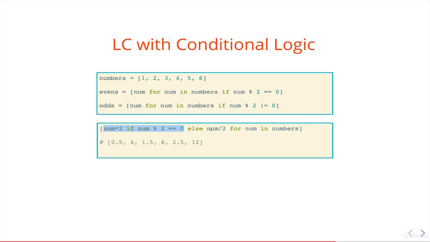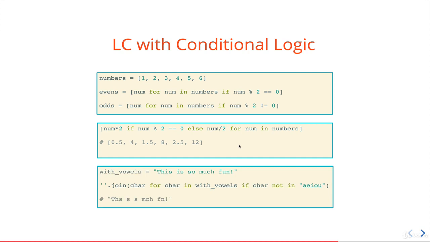And otherwise, the only other situation is that they're odd, it will divide them by 2. So for every num in numbers from 1 to 6, if it's even, if num mod 2 is 0, multiply it by 2. So that's how we get 4 and 8 and 12. Otherwise, divide it by 2. And that's how we get 0.5, 1.5, and 2.5.